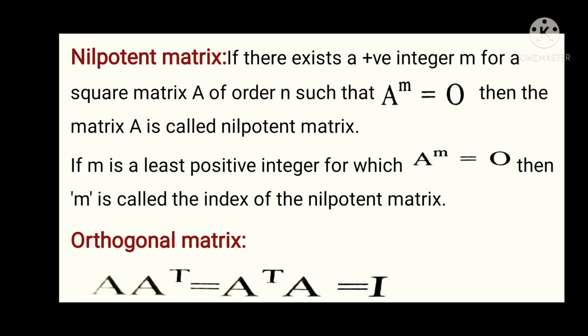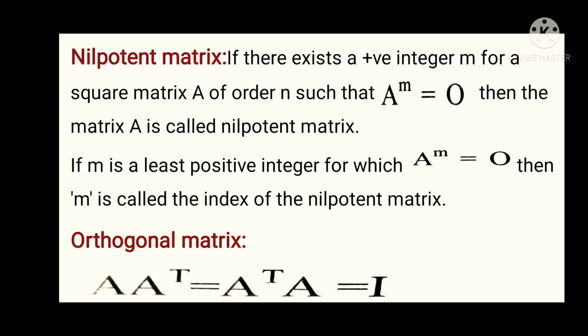By verifying powers of the matrix, where it becomes the null matrix, that is the 0 matrix, that least positive integer is known as the nilpotent index of the matrix. For example, if A power 4 is equal to 0 and A cube is not equal to the 0 matrix, then 4 is the index of that matrix.